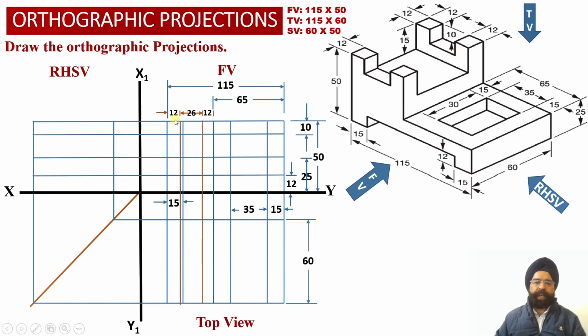So now we have obtained two vertical projector lines which we have marked with the help of orange color projections into the front view projections and the top view projections over here.